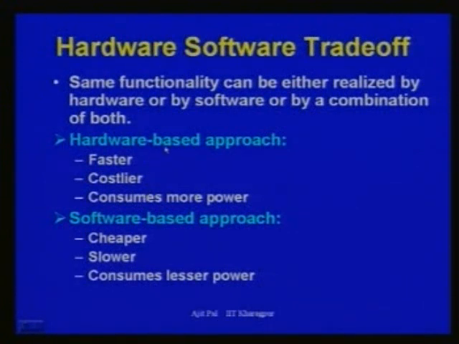Whenever the same functionality is realized by software with the help of a program, then it will be cheaper because hardware is not there. It will be slower. Obviously, it will not operate at a high speed and it will consume lesser power. I can give you a very simple example. Suppose an analog to digital converter is required. You can buy an analog to digital converter from the market and use it in your circuit, or you can use an IP of analog to digital converter in your circuit.